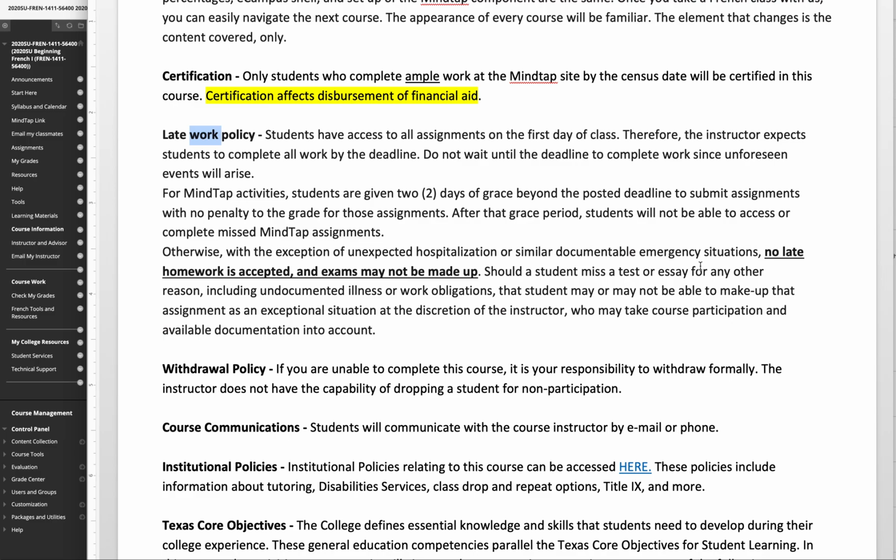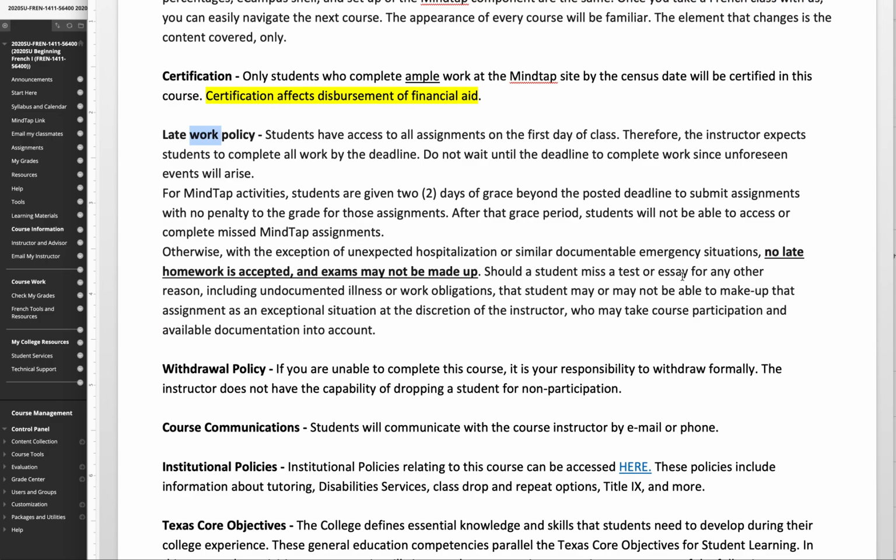Make sure that you're working 2, 3 days ahead, because you never know what can happen. We have so much work to cover that it is practically impossible for you to get behind and not affect the rest of the work that's to come. So make sure that you are working ahead, that you are not running behind, because I don't accept any late work.